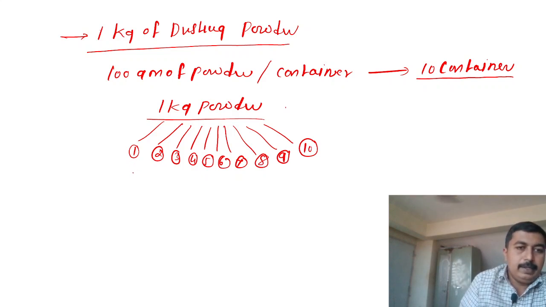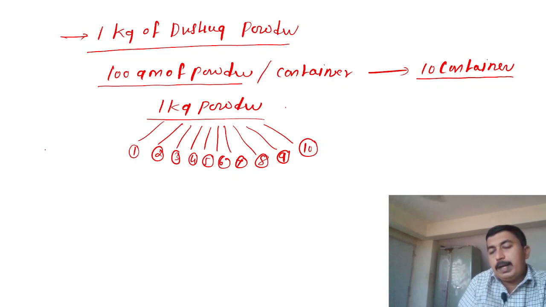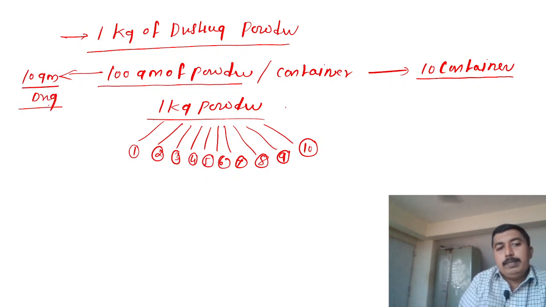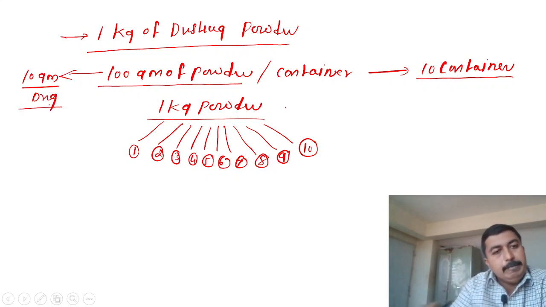And in each container, how much weight of powder have I added? 100 gram of powder. Now, this 100 gram of powder should contain how much drug? 10% of 100 gram is 10 gram, so 100 gram of powder should contain 10 gram of drug. Because I added 10% of drug initially in 1 kg powder, similarly in 100 gram powder also 10% of drug should be present.